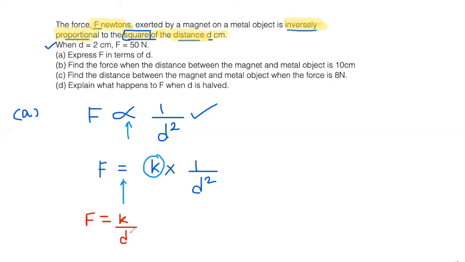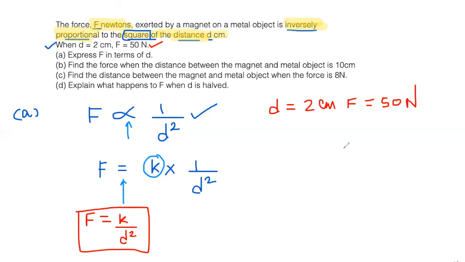Now my task is to find the value of k. For finding the value of k, I will use the information given in the question. It is given in the question that d is 2 and F is 50. I'll use this information to find the value of k. So F is equal to k upon d square. k will be F times d square from the previous equation, because I'll just cross multiply and shift this d square there.